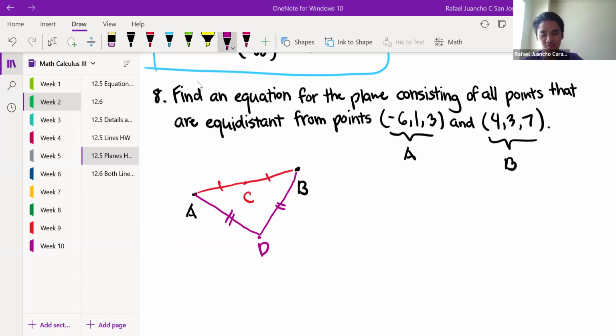So that seems interesting. I guess we can go for a midpoint here. That's what I was thinking. And once we get that midpoint between A and B, A to M is equal to M to B, right? It should be. And now we can make a vector from A to B, and that will be our normal vector, right?